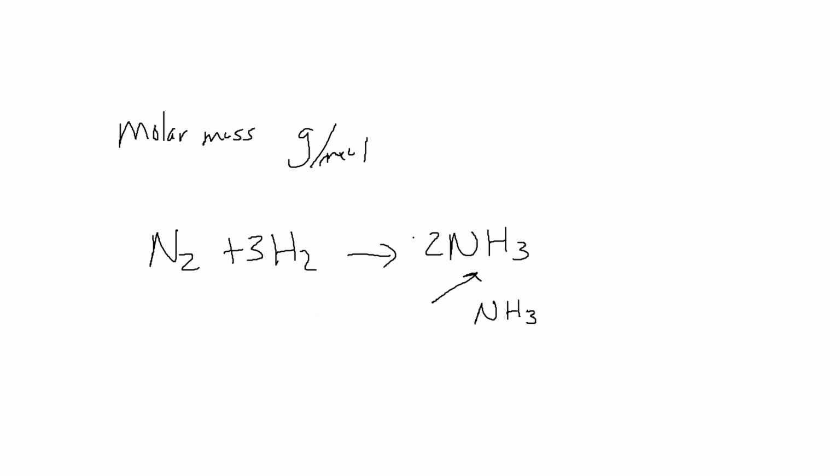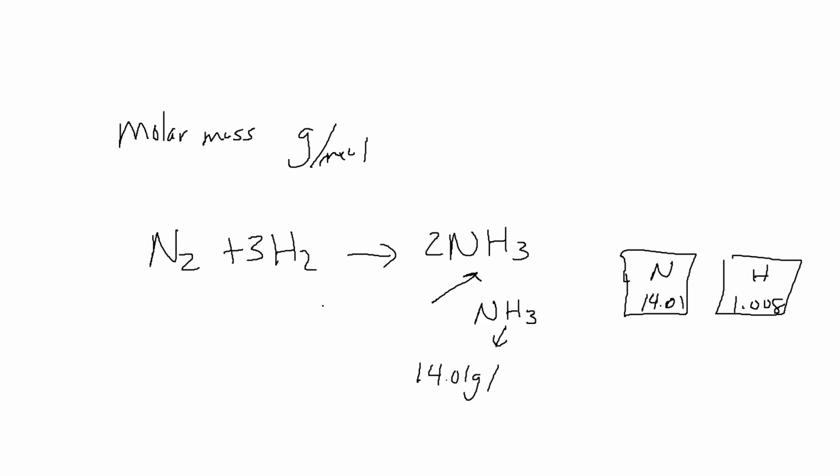Well, if you need the mass of NH3, you would go to the periodic table. You would find nitrogen, 14.01. You find hydrogen, 1.008. The molar mass of NH3 would be 14.01 grams per mole, and that's for our nitrogen, plus 3 times 1.008 grams per mole, and that's for our hydrogen.